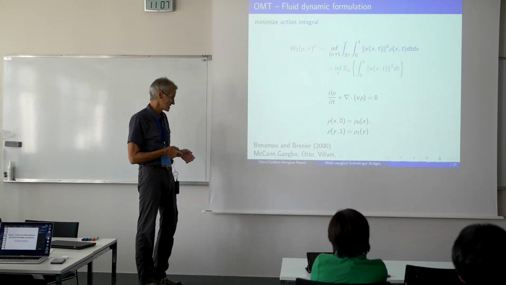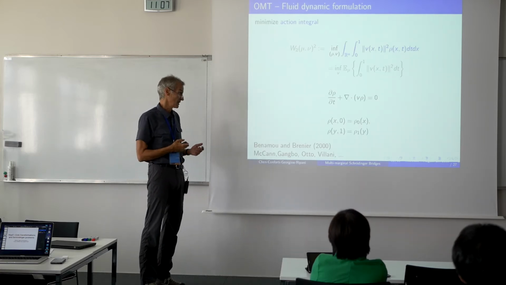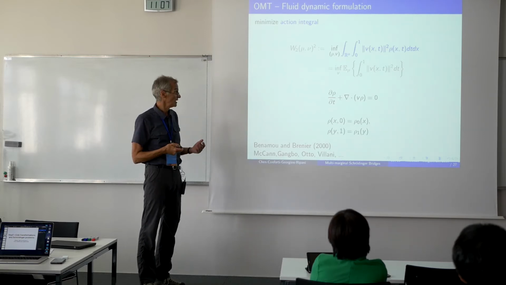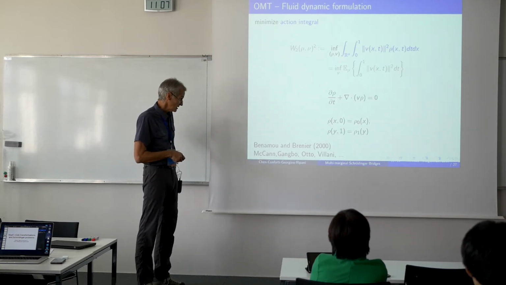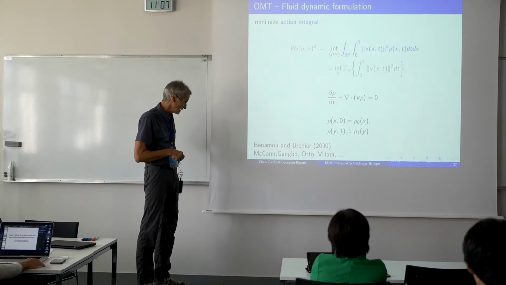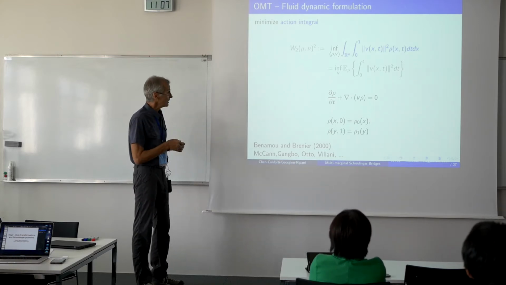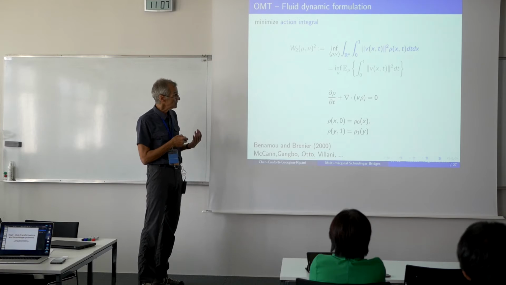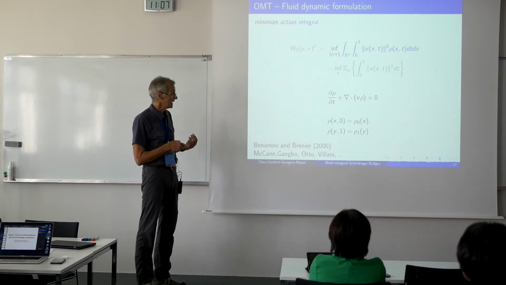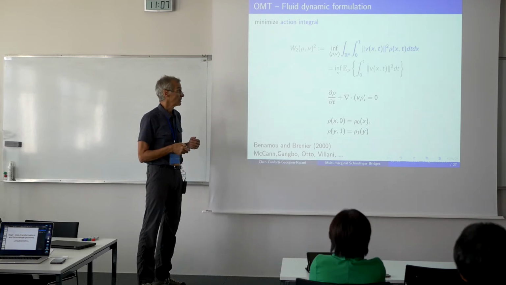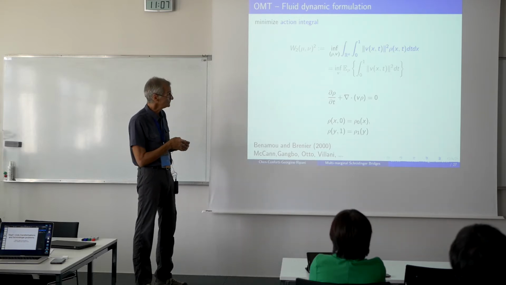Now, the next chapter started being written in the 90s and more recently, especially Benamou and Brenier, McCann, Gangbo, Otto, Villani, and many others, where people realized that you can look at the Wasserstein metric in a different way, and we heard about the Wasserstein manifold before.